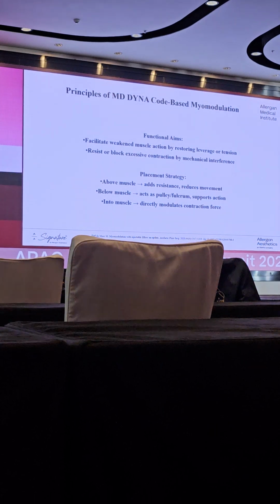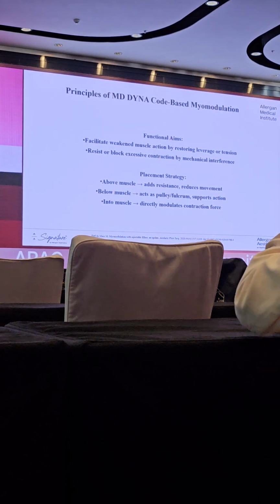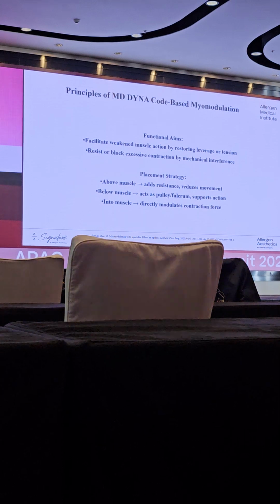So what are the functional aims of MD Dyna Codes? It facilitates the weakened muscle by improving the leverage or the tension of the muscle. At the same time, it resists or blocks excessive contraction by placing it on top of the muscle. So it can be above the muscle, below the muscle, or rarely it can be injected in the muscle.